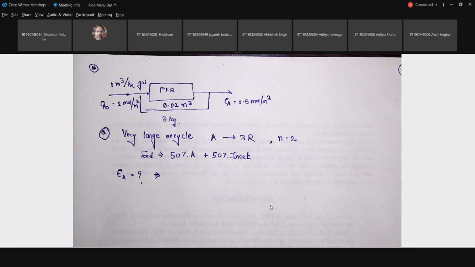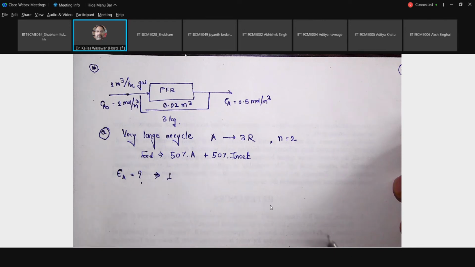What is the value of epsilon? One. Is it correct? We can verify it. Okay, what will be the value? Yes, it will be 1.